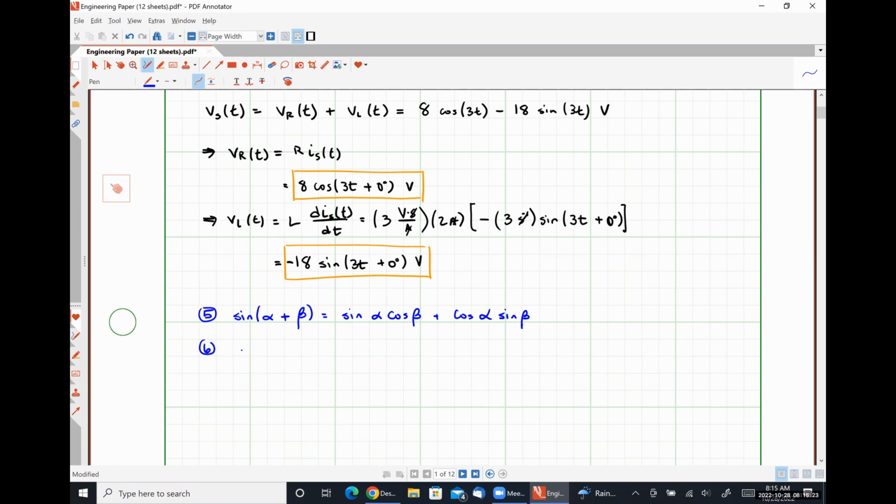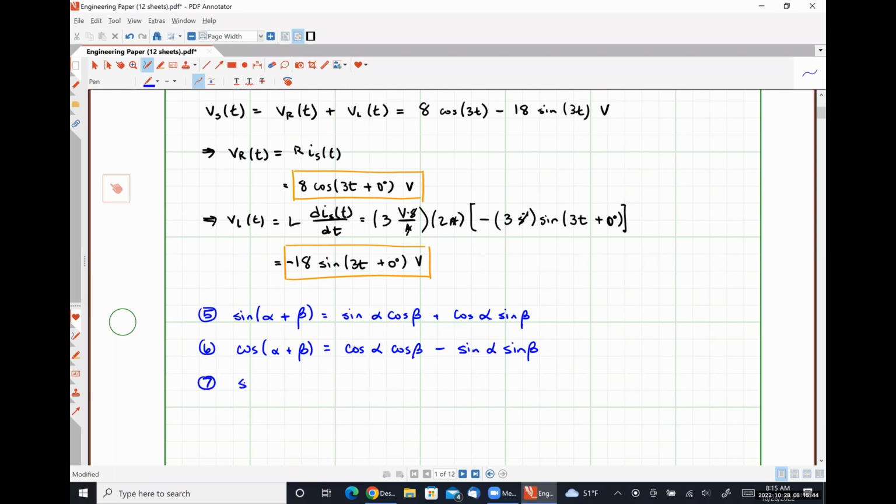Number 6, cosine alpha plus beta is equal to cosine alpha cosine beta minus sine alpha sine beta.